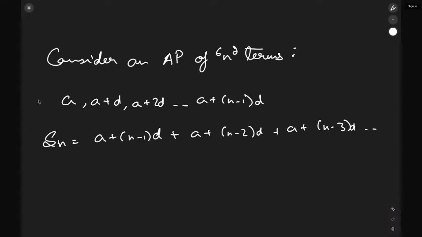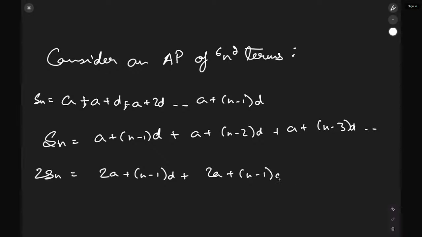And adding, actually, let's just write it as this, and this is my Sn. If I add these two combinations together, I will get 2Sn equals what? 2A plus (n minus 1)D, plus 2A plus (n minus 1)D, plus 2A plus (n minus 1)D, and so on.